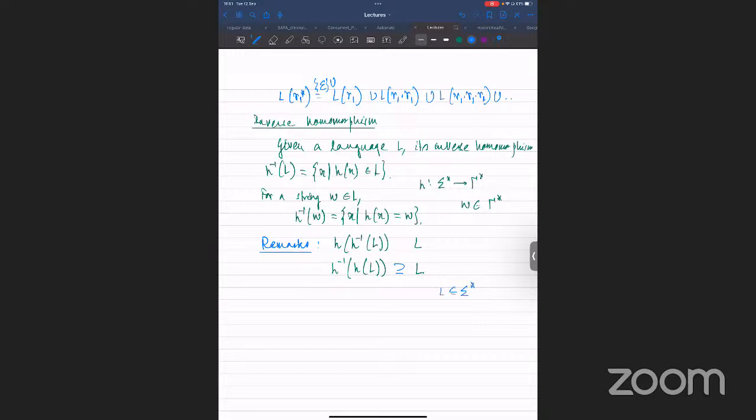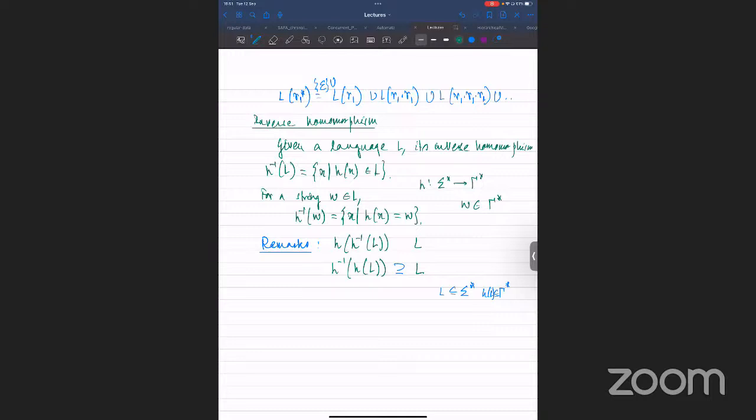You apply H and get something which is a subset of gamma star, H of L. Now you apply H inverse. Of course, every word which was in L you are going to get, but in addition, you can also get something more, right?